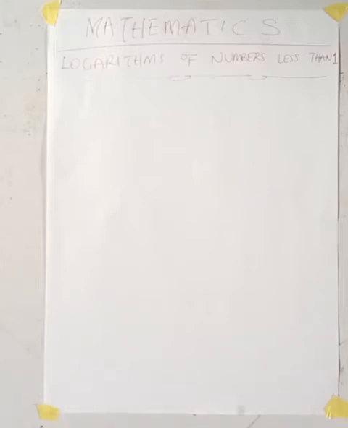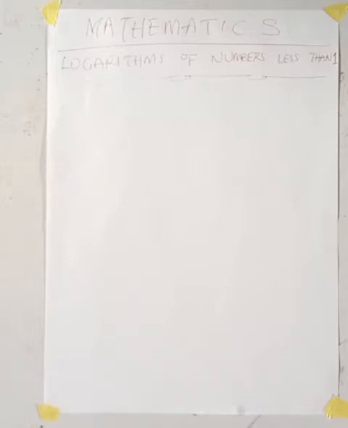The topic we are going to discuss today is logarithm of numbers less than 1. In the previous class, that is during the SS1 class, we were introduced to the concept of logarithm. And the aspect of logarithm we were taught then was the logarithm of numbers greater than 1.